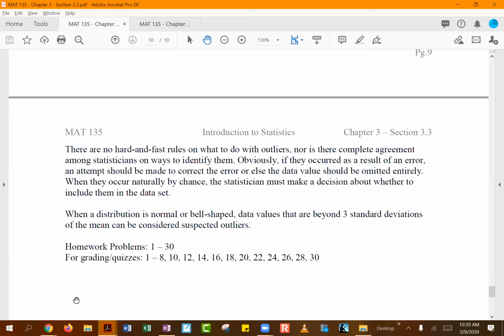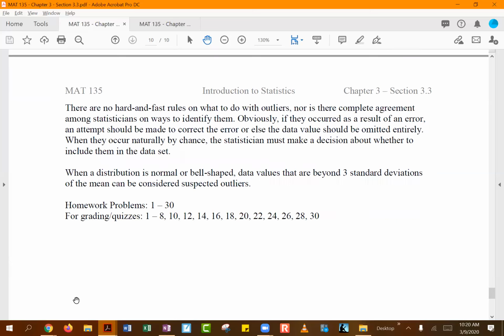A lot of times it's not going to be a black and white scenario. A lot of times you're going to have to make that decision as a researcher. And I think that's what they're talking about here. And then, of course, in chapter 4, our next chapter, we should be getting into normal or bell-shaped distributions.